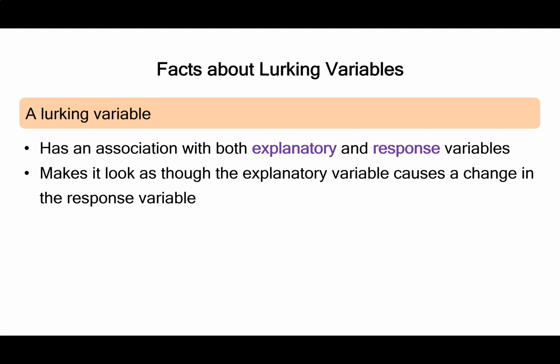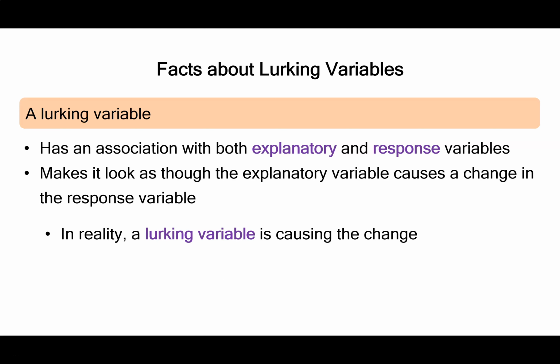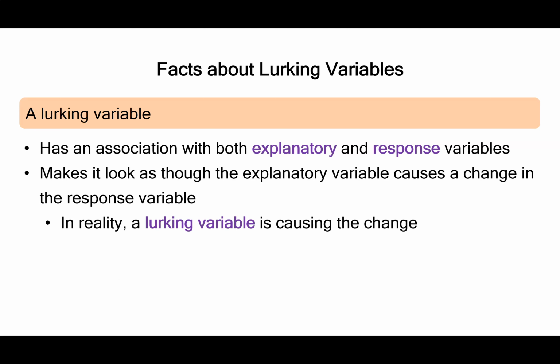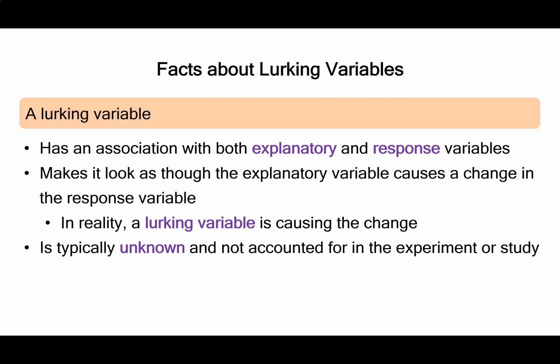It could be impacting both of them, or it could be the one causing the difference. It's not like you can isolate just the explanatory and say it's just the explanatory doing this thing. So the lurking variable typically is what's causing the change in the response.